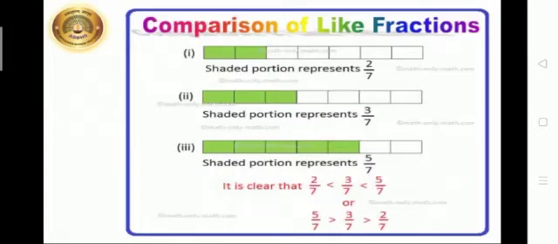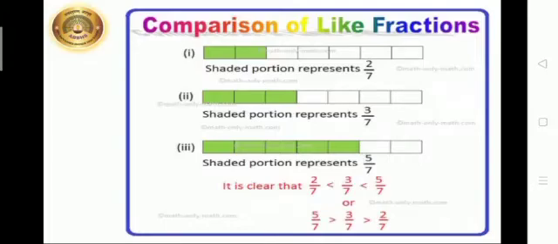Now, comparison of like fractions. The fractions having same denominators. You can see here three strips of same size. All the three strips are divided into 7 equal parts.